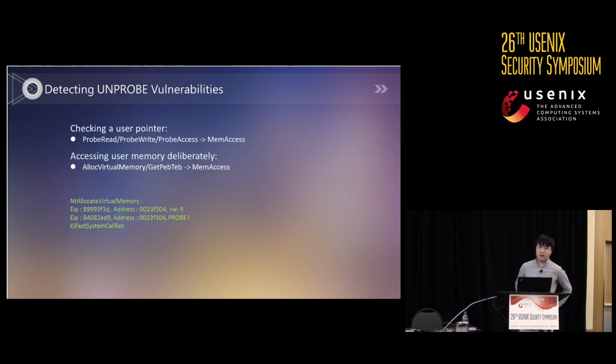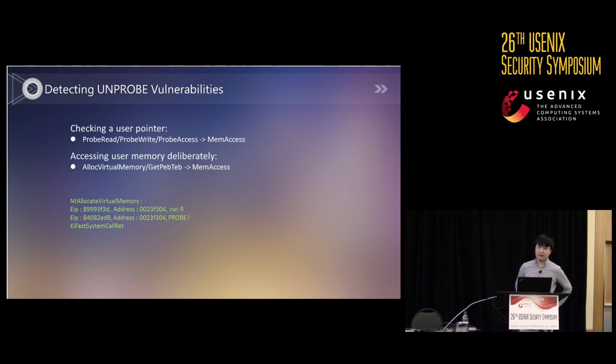With the basic concept of knowledge, now let's see how to detect unprobe vulnerabilities. An unprobe vulnerability means a user pointer has not been checked before being used by kernel code. If the kernel code accesses the user memory deliberately, there should be an alloc virtual memory or get PBTV event before a memory access event.